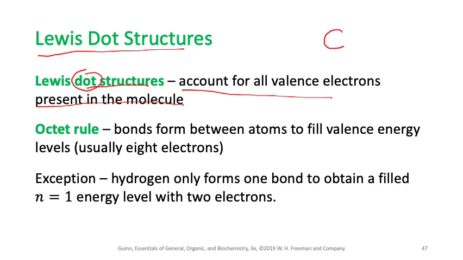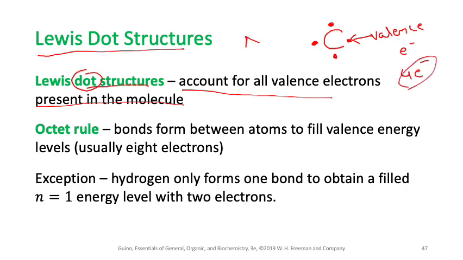For 4 valence electrons, you put one single dot for each valence electron, 1, 2, all across the atom. Each dot represents a valence electron, and because carbon has 4 valence electrons, I drew 4 dots.